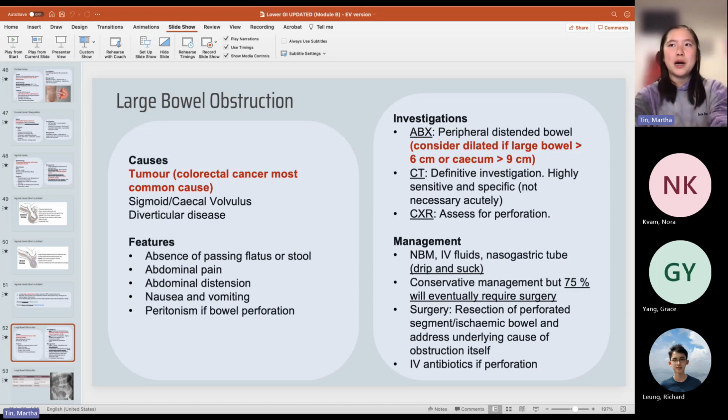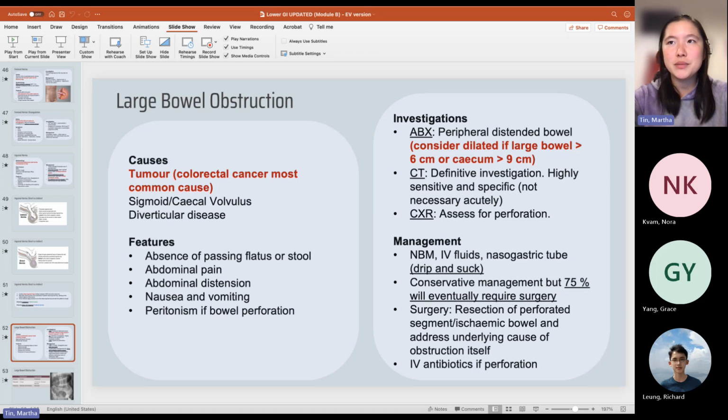Just like small bowel obstruction, the first thing you would do is have an abdo X-ray done. And like the slide earlier said, it's considered dilated if the large bowel is over 6 centimeters and if the cecum is over 9 centimeters. And trust me, when you see it, it's usually quite obviously distended, especially the ones you'll be asked about in your exam at least.